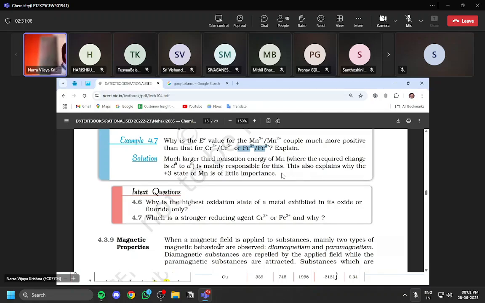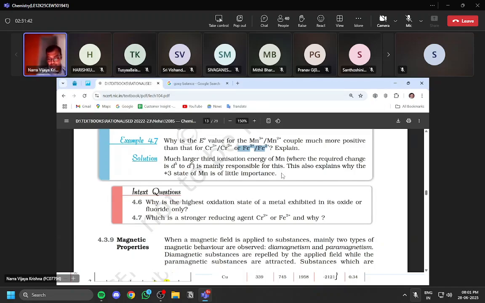Reason for that is delta H3. Much larger third ionization energy of manganese, where the required change is d5 to d4. In the +2 state, manganese has d5, whereas in +3 it has to convert into d4. So from d5 to d4, I need to spend more energy because it is half-filled now, more stable, right? This is mainly responsible for this.